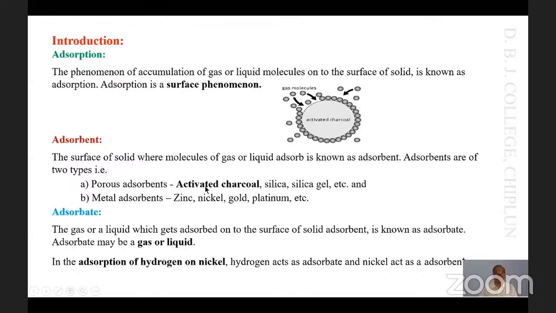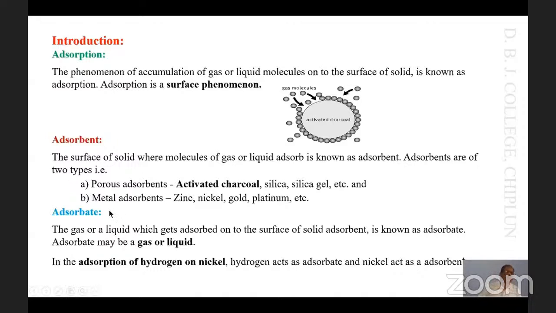For example, activated charcoal, which we had taken here in this example, silica gel, silica, alumina, etc. As far as the metal adsorbents are concerned, metals like zinc, nickel, gold, aluminium, platinum, etc. These are the examples of metal adsorbents.